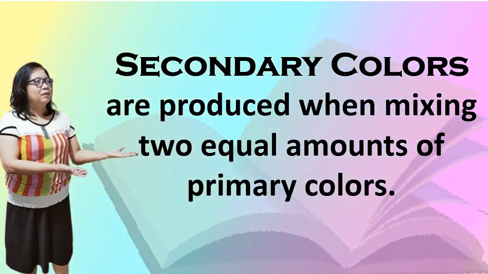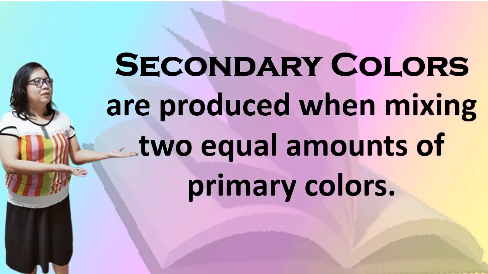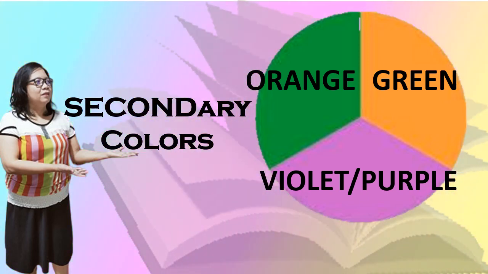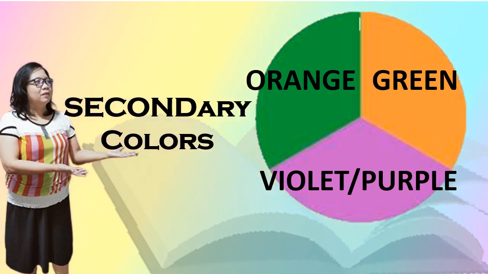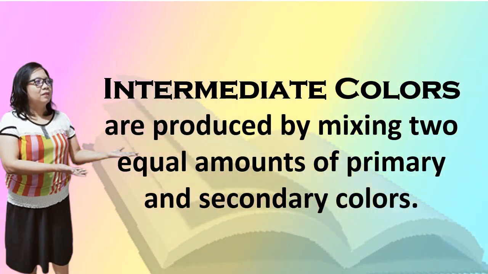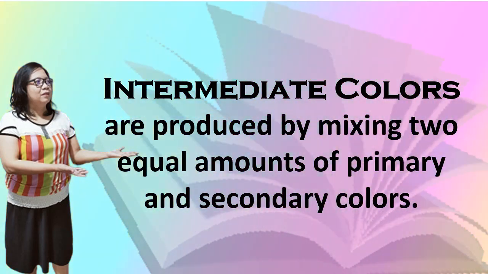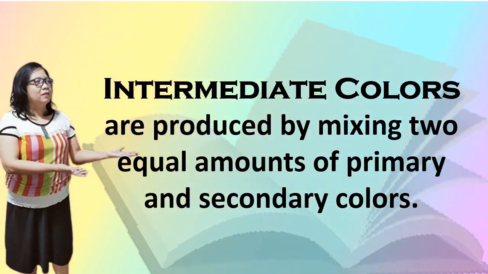Secondary colors are produced when mixing two equal amounts of primary colors. The secondary colors: orange, green, and violet or purple. Intermediate colors are produced by mixing two equal amounts of primary and secondary colors.